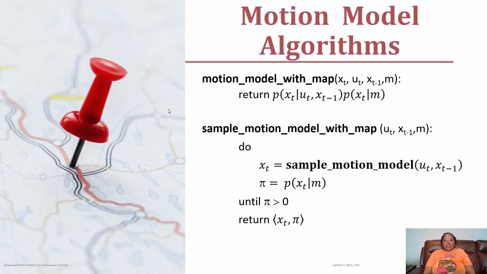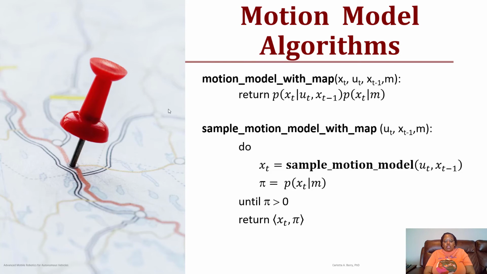So the algorithms for doing this: the motion model algorithm is motion model with map xt, ut, xt minus 1, m, and you return the probability of xt given ut and xt minus 1 times the probability of xt given m.